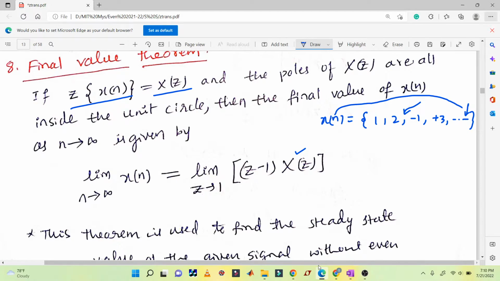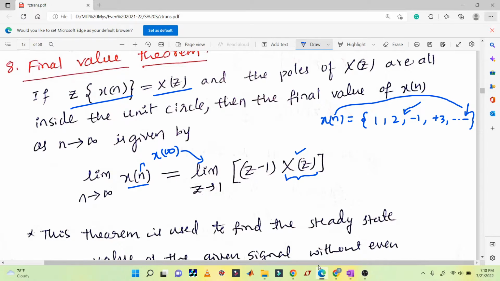So it is nothing but the limit of x of n as n tends to infinity. If n is going to infinity, it will be called x of infinity. So x of infinity will be given by limit z tends to 1, z minus 1, x of z. This x of z is the Z transform of x of n.